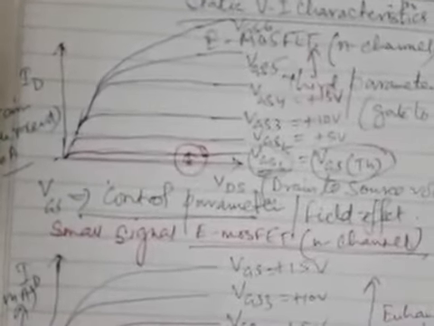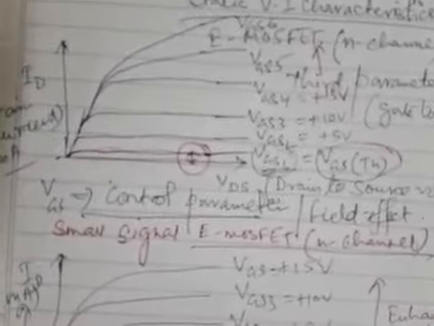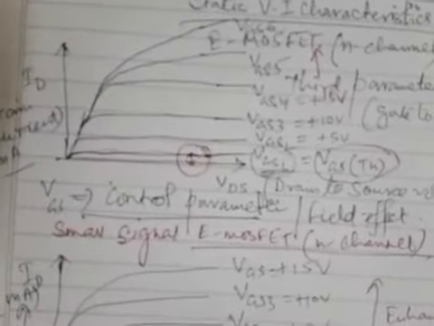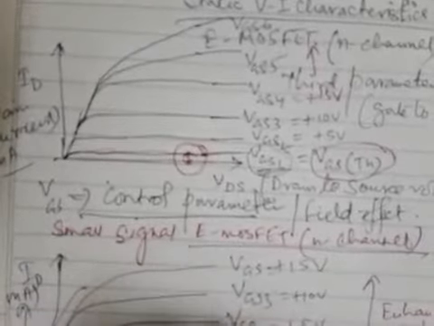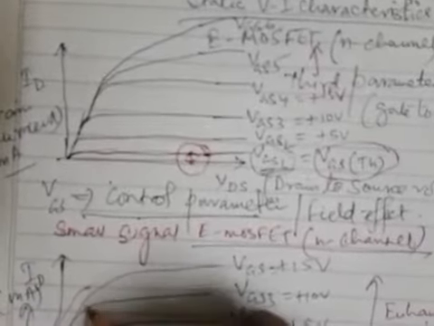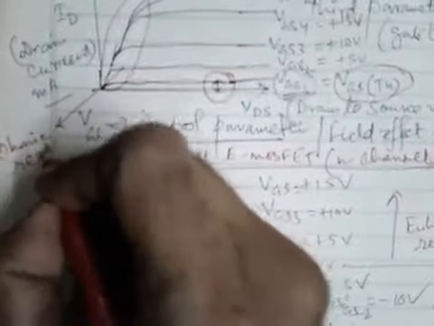Now if we further analyze the almost vertical part of the graph, that means this region, it is called the ohmic region. This is nothing but the ohmic region because it looks like a linear characteristic.